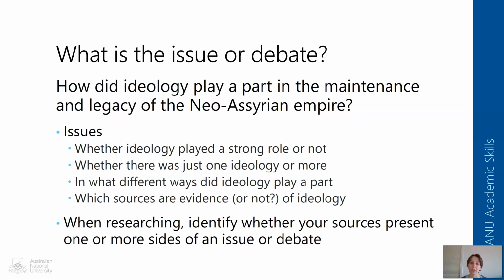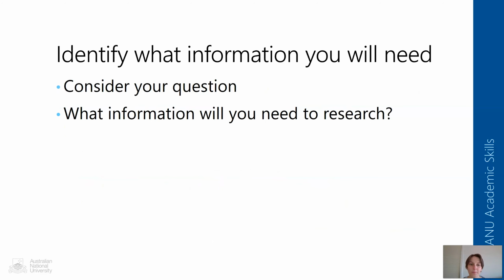When you're researching, identify whether your sources are looking at those different types of issues, and try and identify which are the common issues that keep coming up. When you're doing your research, keep going back to, what's the problem? Why is this question something where there might be multiple answers or multiple perspectives? And out of all that research, which perspectives do you think are the most reliable?